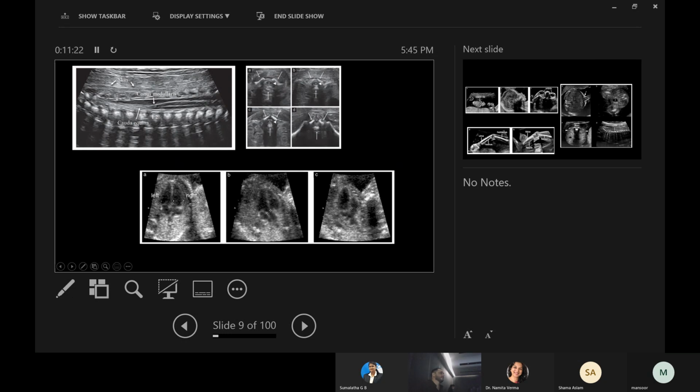Routinely, there will be a slight asymmetry. The right ventricle will be 1.4 times larger than the left, 1.4 to 1. That is the ratio. But if you're seeing grossly that there is some discrepancy, then take the measurements and suggest a fetal echo, or learn fetal echo yourself and start doing the fetal echo in such cases. This is the LVOT and this is the RVOT.